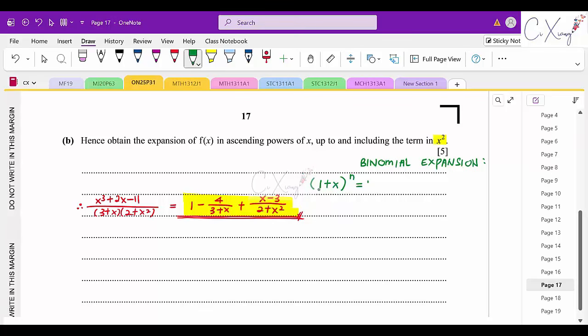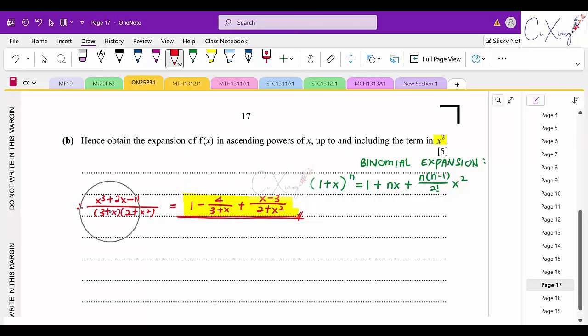The first term is always 1. The second term is always nx. The third one is n(n minus 1) divided by 2 factorial, with x squared. I will stop at x squared here because the question requested only up to x squared. Alright? Okay, now we have to continue from this particular phrase.